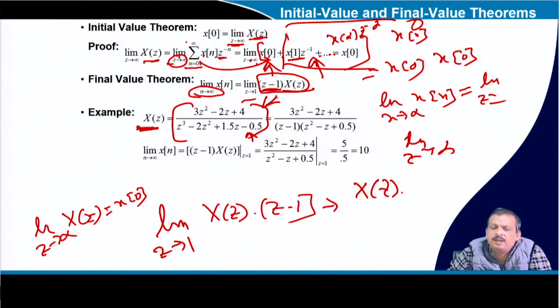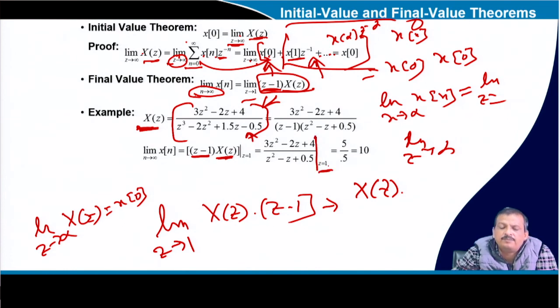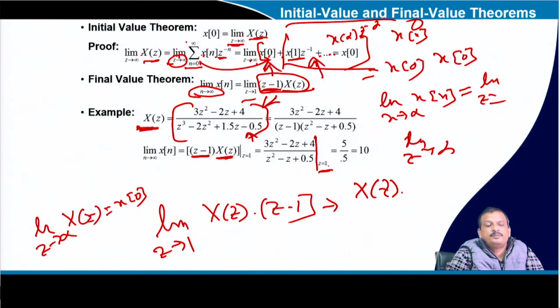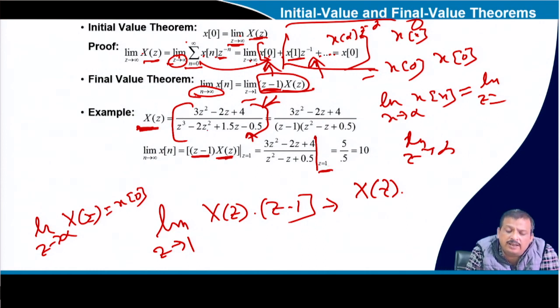For the final value, I have to multiply by (z minus 1) into X(z), and then take the limit for z equal to 1. Understand? So, we factorize, and then the z minus 1 is cancelled by the factor, and then I put z equal to 1; the value is 5 by 0.5, which is equal to 10. So, I can say the final value is 10.